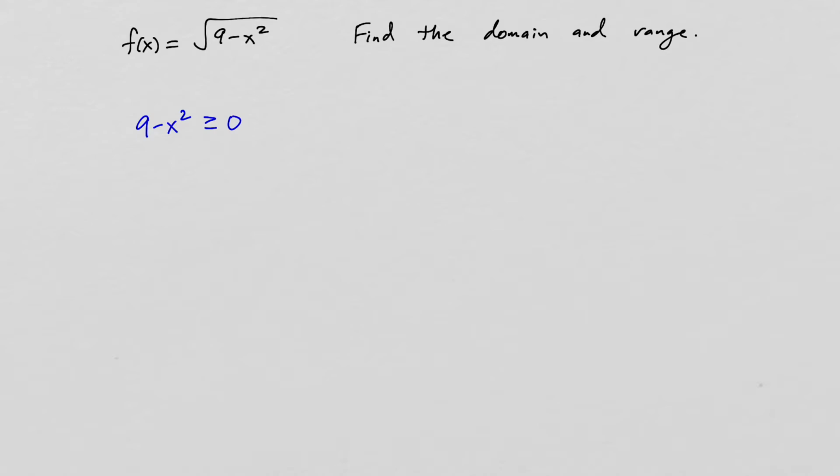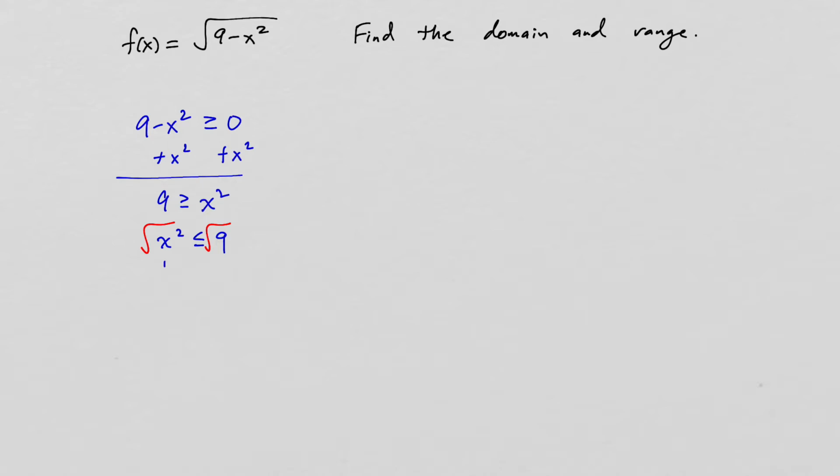There's actually a couple of different ways you can solve this. In the previous section, I showed you how to solve something similar to this by factoring. I'm going to show you a slightly different technique here. If I add x squared to both sides, we get 9 is greater than or equal to x squared, which is the same thing as saying x squared is less than or equal to 9. And then we can take the square root of both sides.